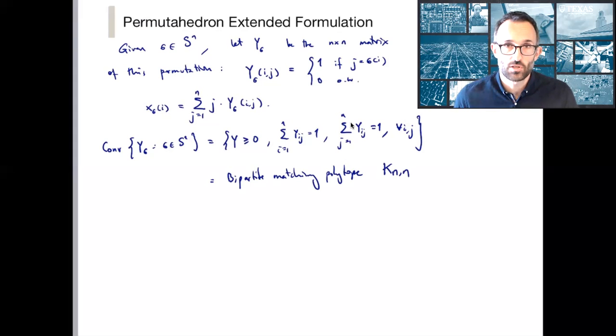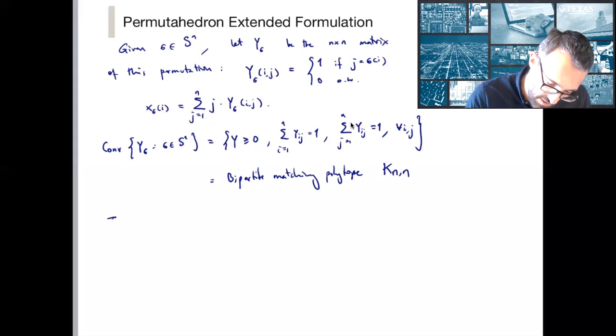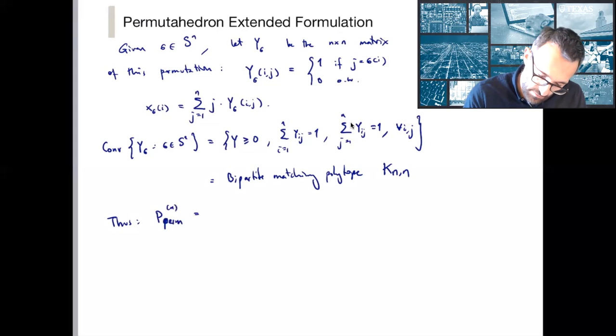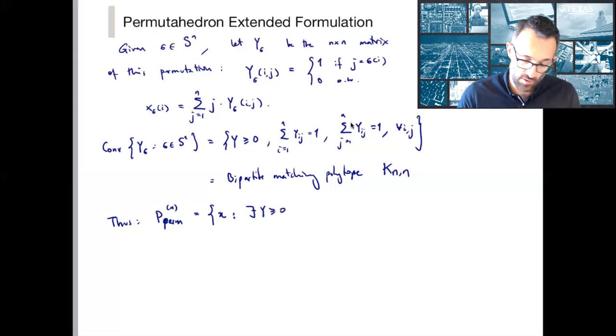So that's pretty much the story. So let's wrap it up. We see that therefore the Permutahedron is all x such that there exists a y greater than 0 that belongs to the bipartite matching polytope.